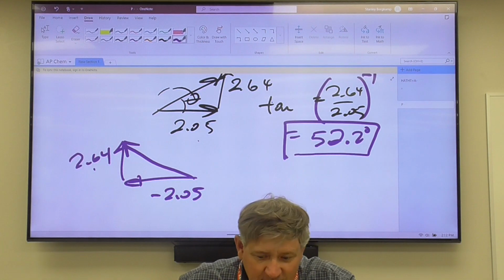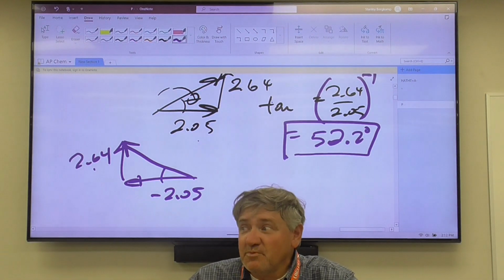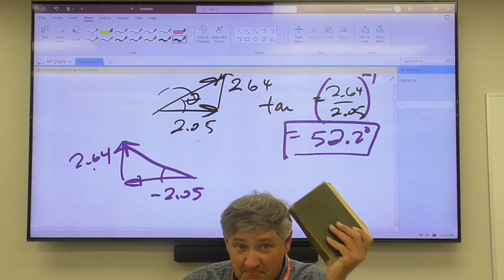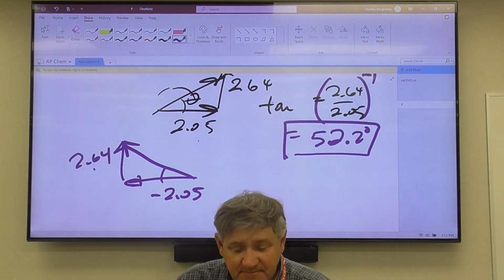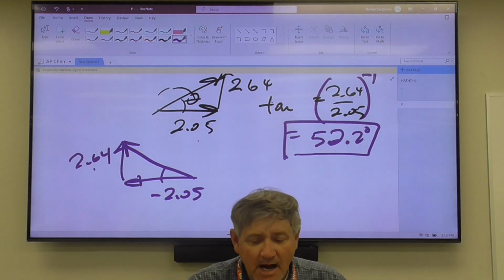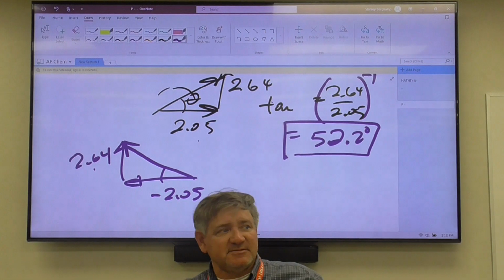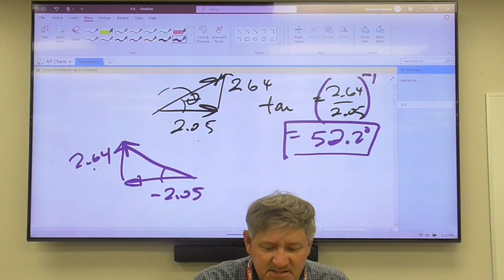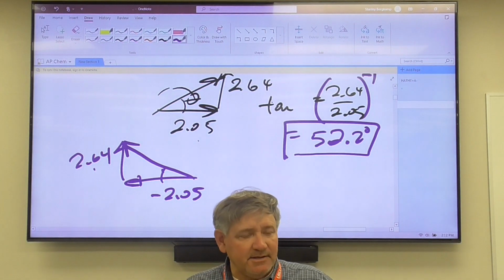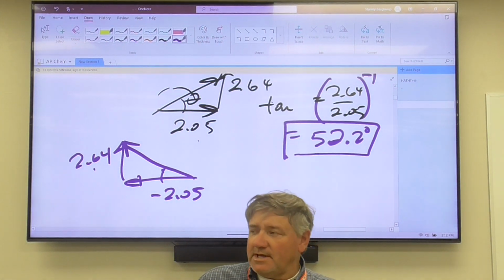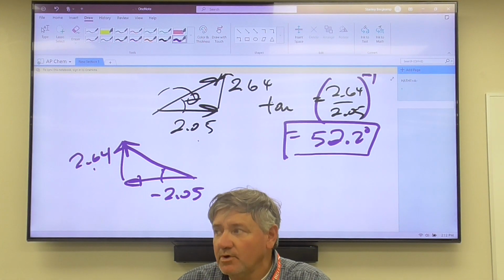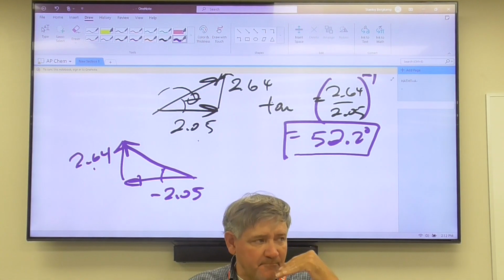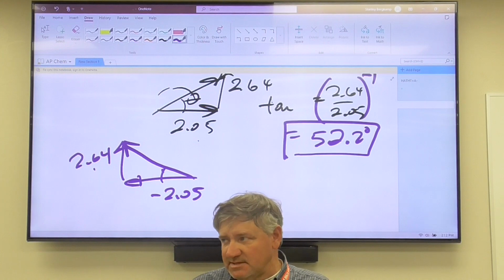Not in physics. So this is what I do. I'm old school because of my training. If it were me, I wouldn't even punch in those negative signs. I'd just find the angle and then decide: do I need to subtract it from 180? Do I need to add 180 to it?